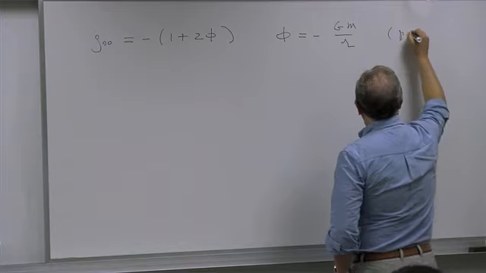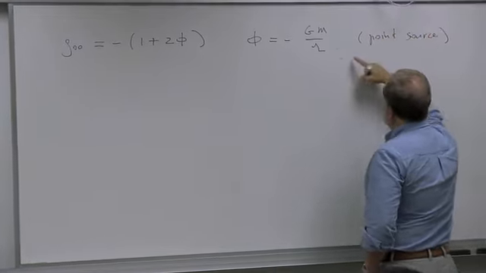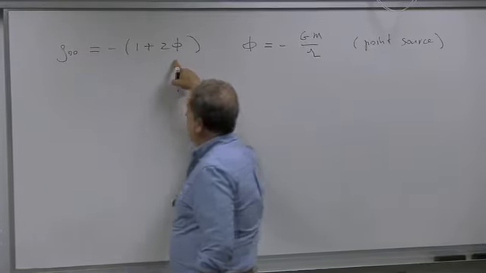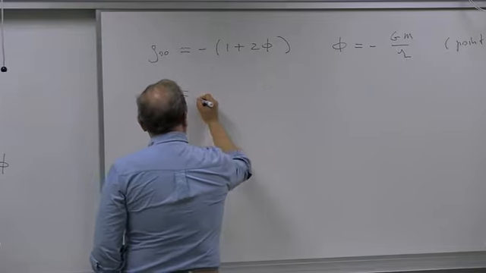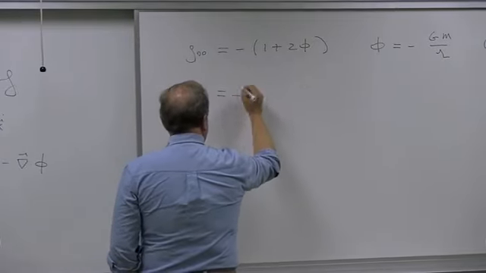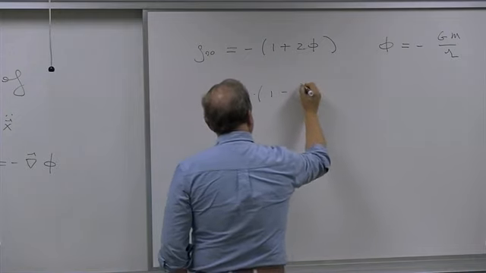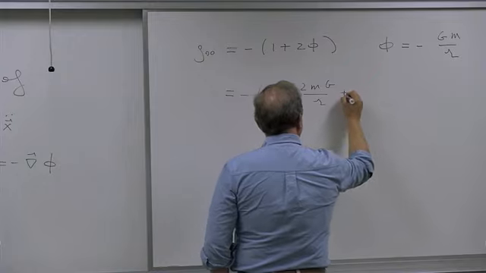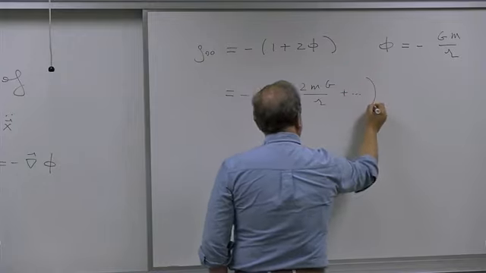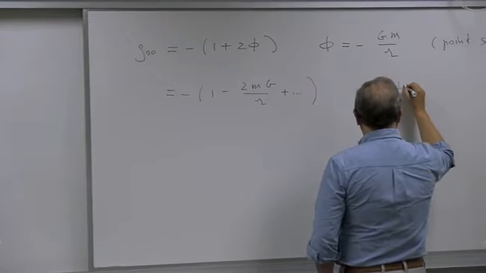So if we have a point source, then minus g naught naught is equal to 1 minus 2MG divided by r, plus possibly dot dot dot, because this was obtained in the weak field limit.